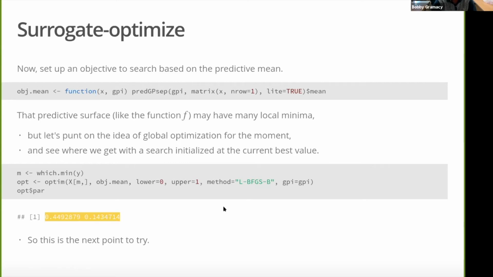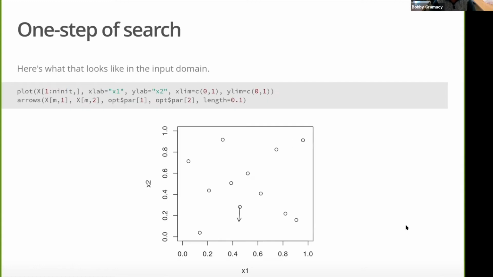Let's look at a visual of that. Okay, so here's a cheap visualization. Each one of the open circles on this plot is one of the 12 input locations that I used to evaluate my function, my expensive function. I'm not showing you the y values because I don't think those will be too useful. These are just the 2 inputs, the 2 pairs of x values. This one right here is the best so far. That's the one that has the smallest y value.